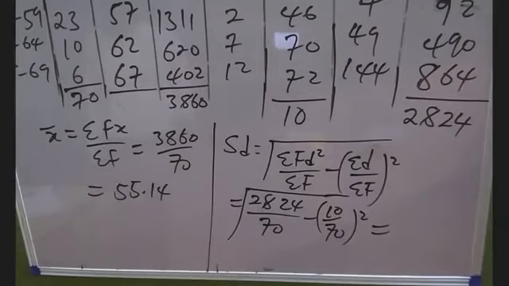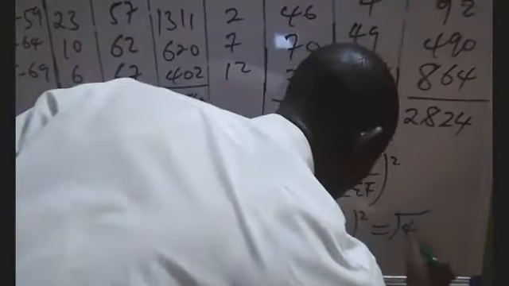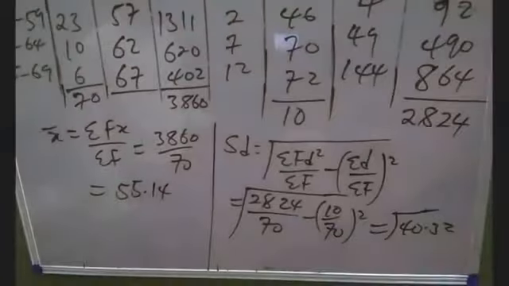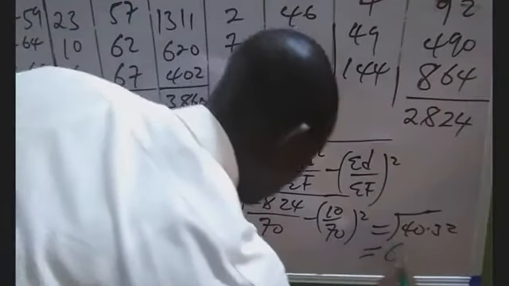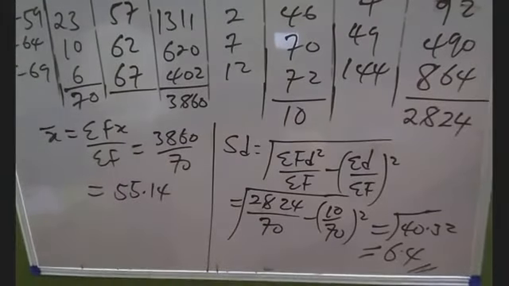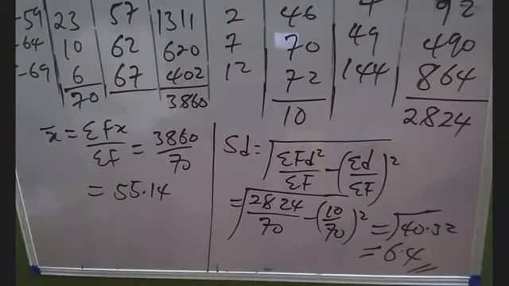That will give you the square root of 40.32, and that is the same thing as 6.4 approximately. That becomes our standard deviation.